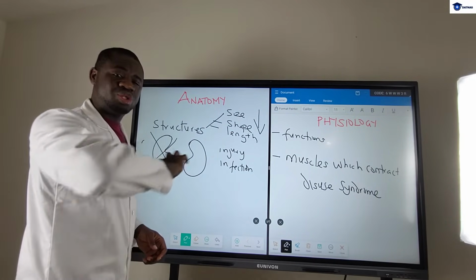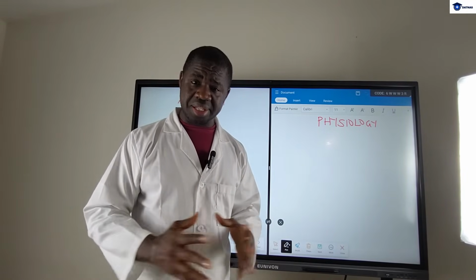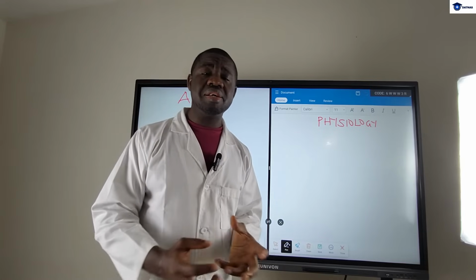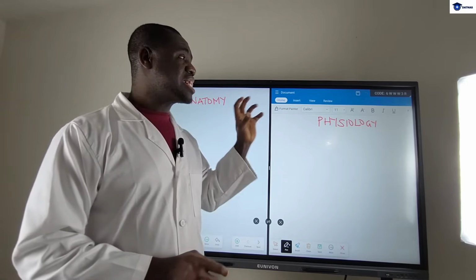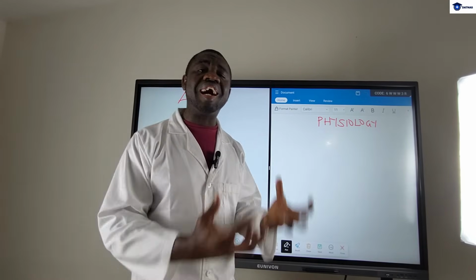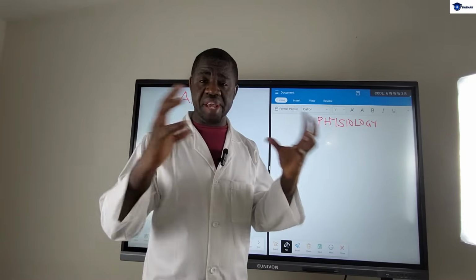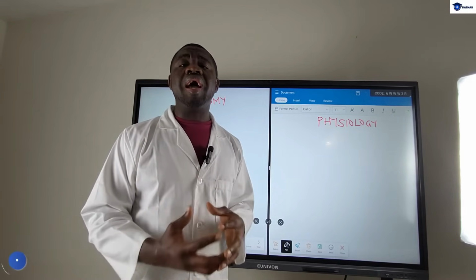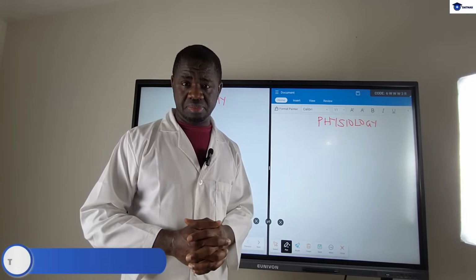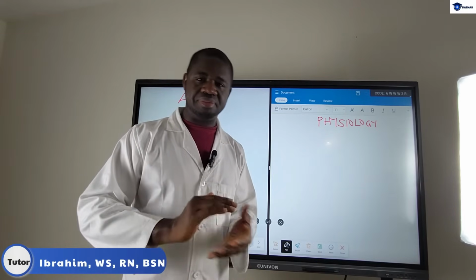length of that structure. It is also important to know that it is not only injury or disease that can bring about decline in the structure or function of a part. Aging is also an important factor. As we age, the functions begin to decline.